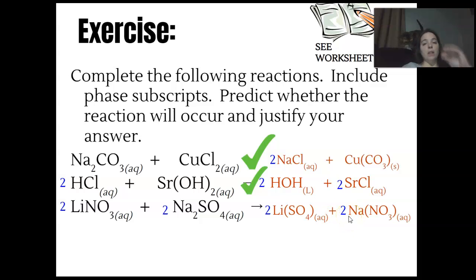All right, but let's look at the prediction. Is the reaction going to occur? So sulfates are soluble. I believe all soluble except for a couple exclusions. Lithium isn't one of them. And then you have your nitrates, and all nitrates are soluble. So they're both aqueous.